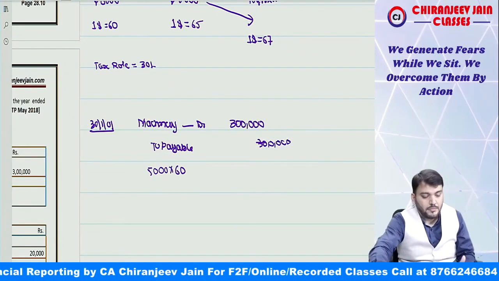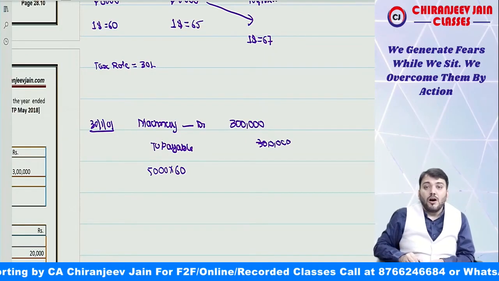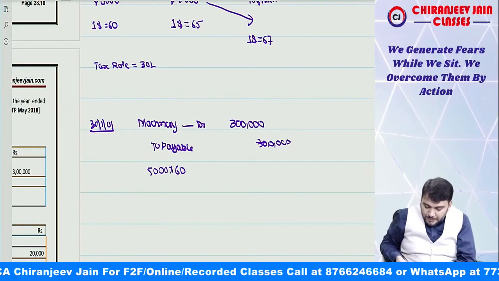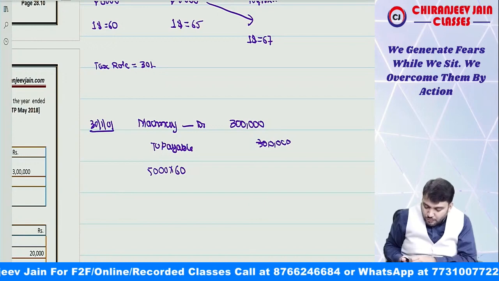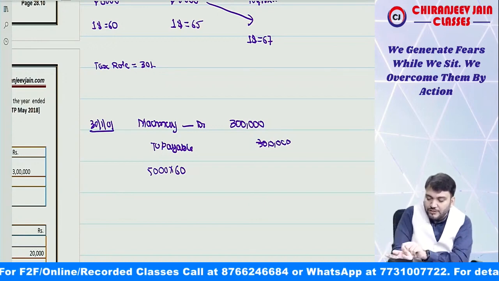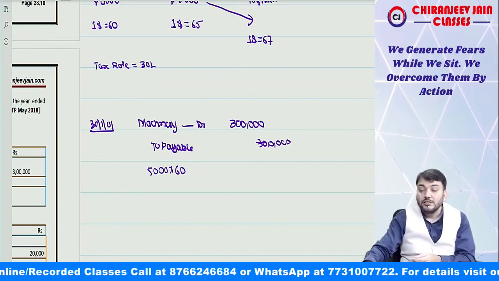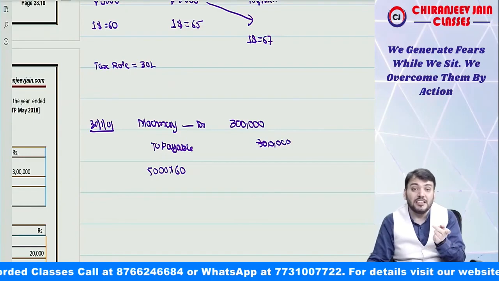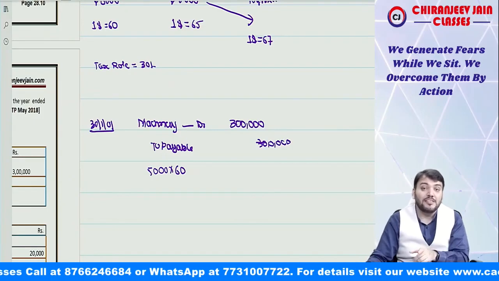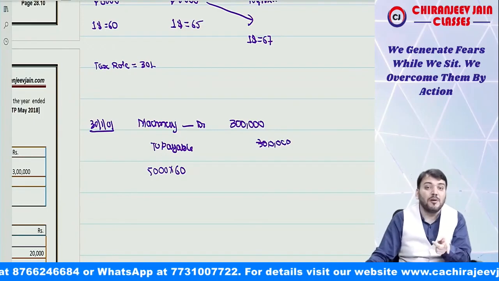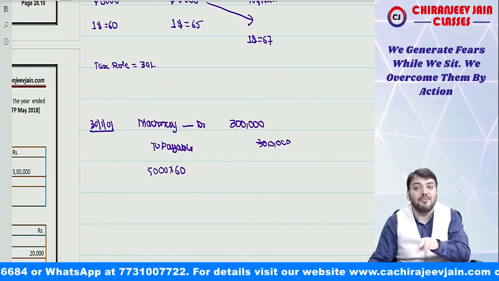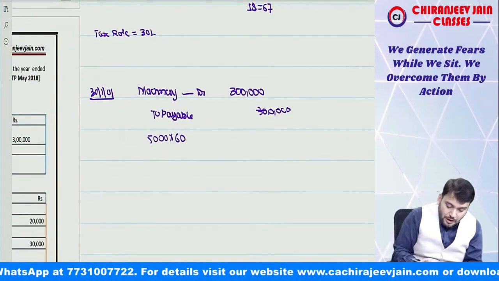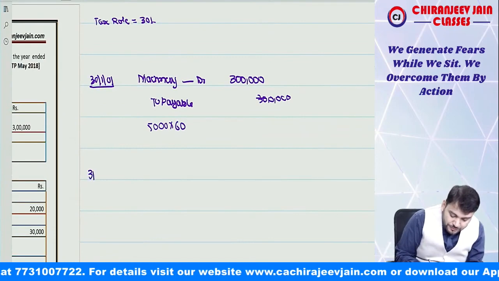Understood. Now on 31st March, what happened? Revaluation was done. Now, whenever PPE is carried at fair value, then translation will be done as per the exchange rate when the fair value is determined.